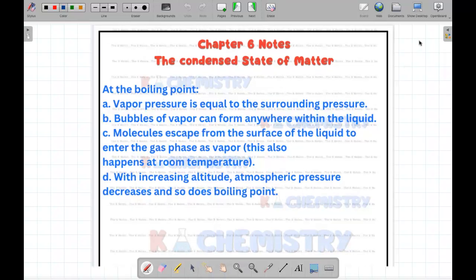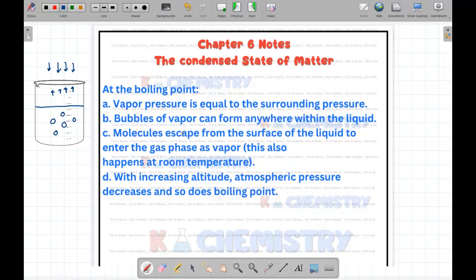It's very important to note that when there is boiling, the vapor pressure of the gas particles here will be equal to the surrounding pressure. This is a very important point. The bubbles of the vapor can form anywhere within the liquid.